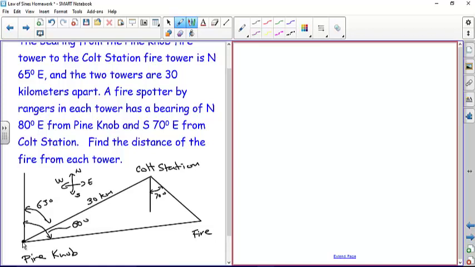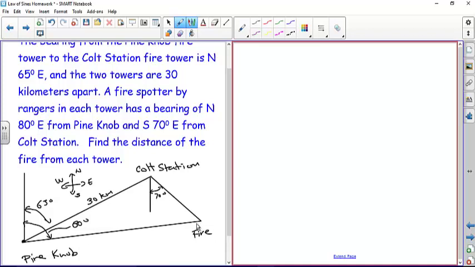A fire spotter is spotted by rangers in each tower, and it has the bearings of north, 80 degrees east. So instead of going 65, you go to 80 degrees. So that's this angle, 80 degrees to this sighting to the fire.